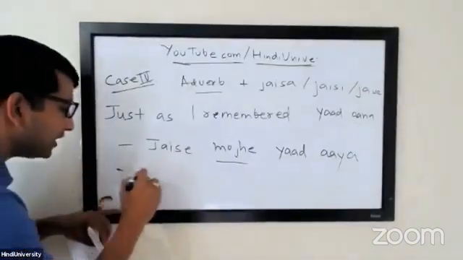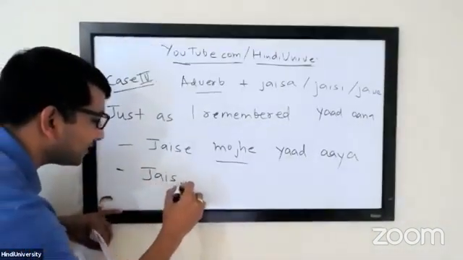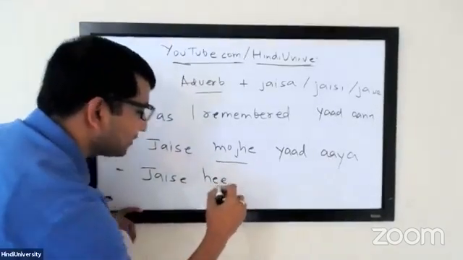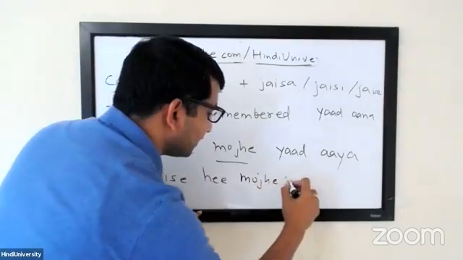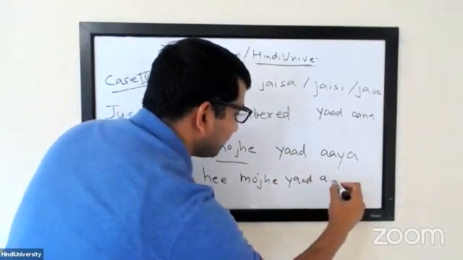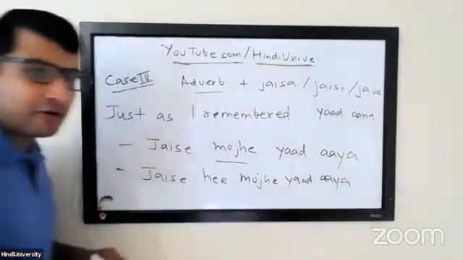You can also say jaise hi mujhe yaad aaya. Just as I remembered. जैसे ही मुझे याद आया मैंने तुरंत स्टोव टर्न ऑफ कर दिया.